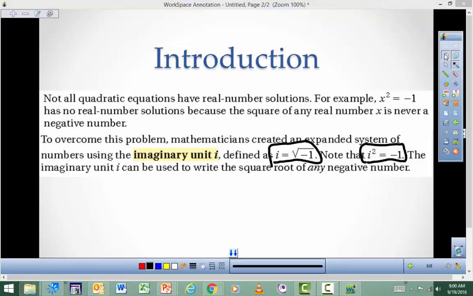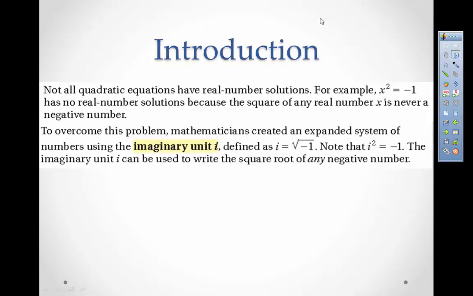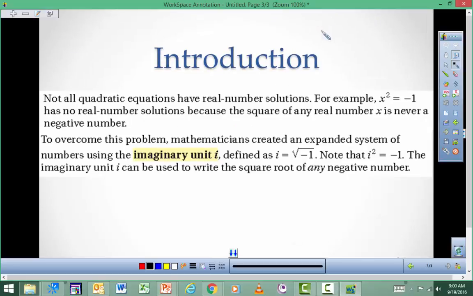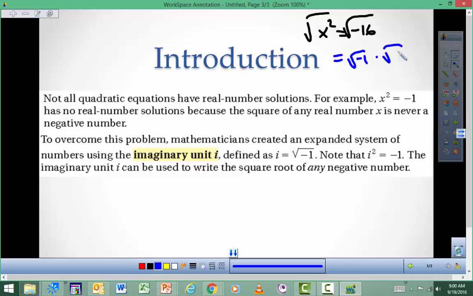Let me just give you a few quick examples. Let's say we have x squared is equal to negative 16. Now, what we'd have to do is take the square root on both sides. One thing that we're allowed to do is to use properties of square roots, so we could rewrite this as the square root of negative 1 times the square root of 16.